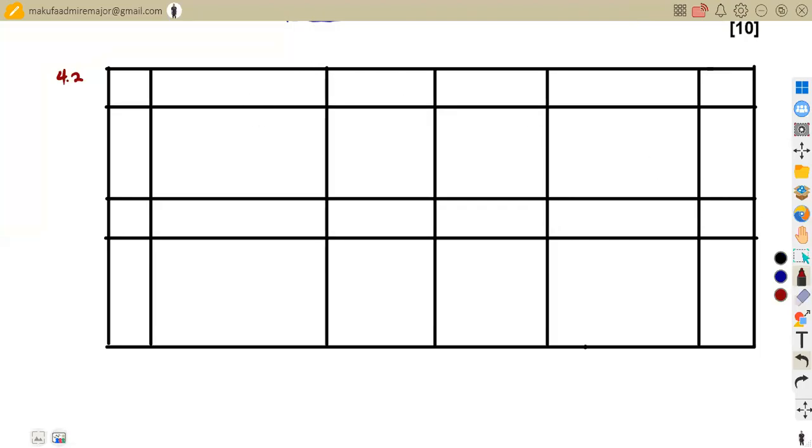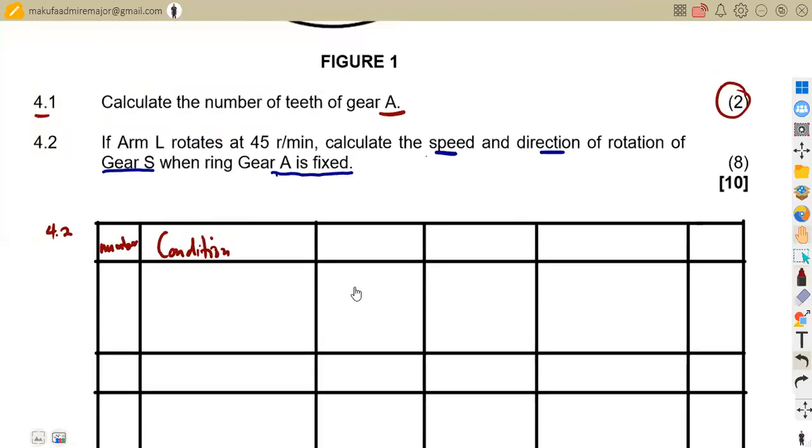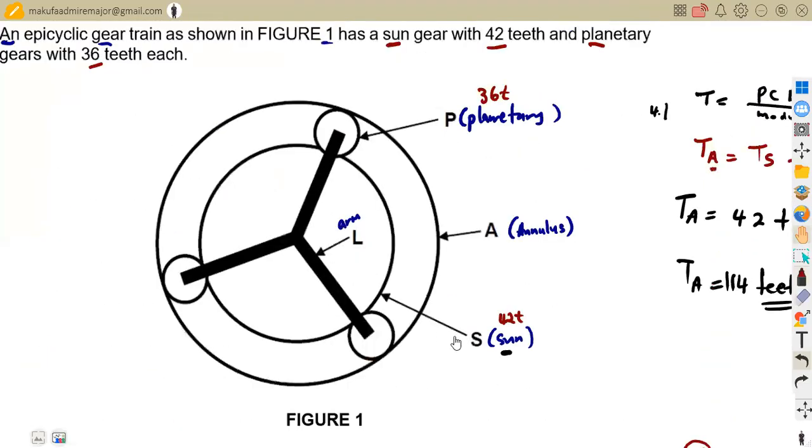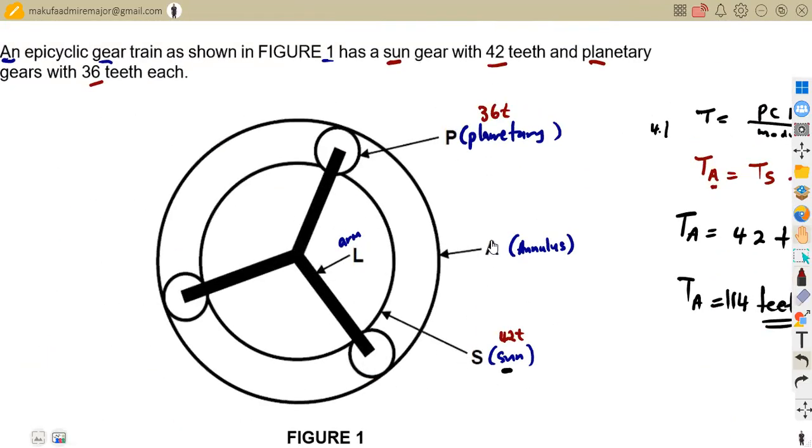So let us consider our table. Remember, here we are going to need the number, then the condition. Then let's consider the gears that we have here. Remember, we've got the sun gear, the annulus, the planetary.